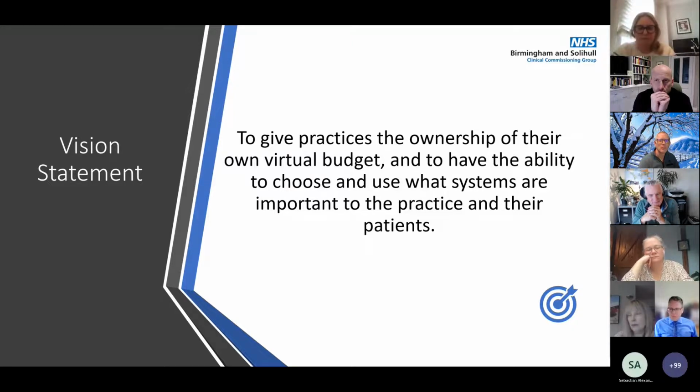We wanted to enable our practices to have their own IT budget and to be able to choose what systems they were using, particularly focusing on online consultation and video consultation, but actually it goes wider than that.